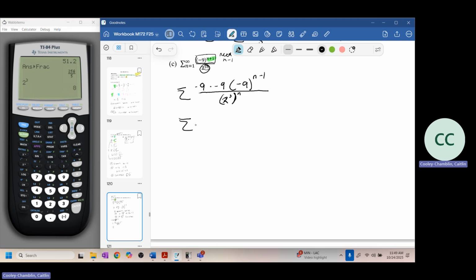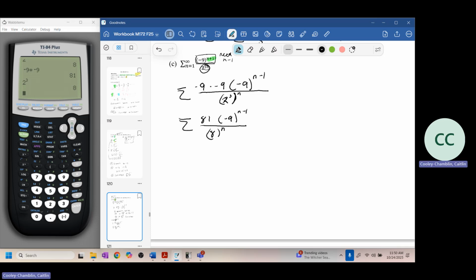So I'm going to rewrite this as the summation. -9 times -9 is 81. So 81 times -9 to the n minus 1 divided by 2 cubed, which is 8 to the n.